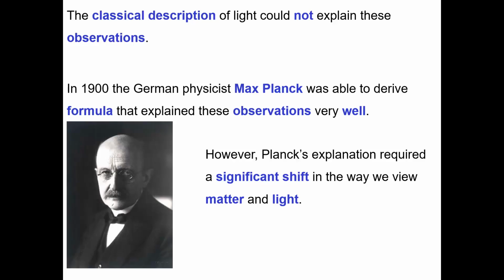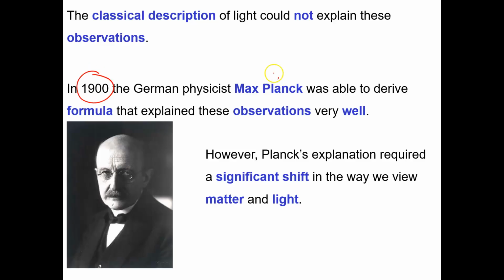Now, the problem is that Wien's displacement law has no theoretical foundation. He just found an equation that worked, but he doesn't know why. And no one could explain the shape of the black body curve until 1900.